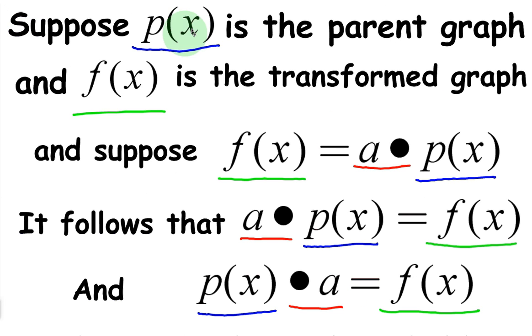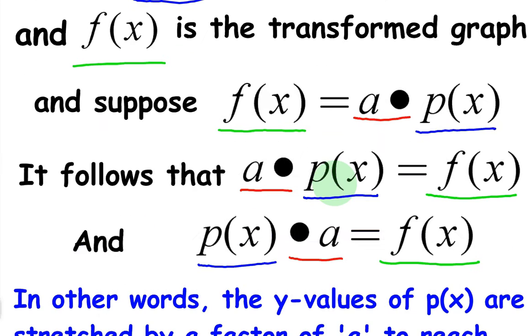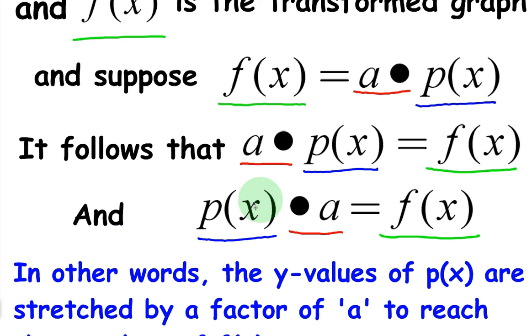Here's the proof for what you're going to do with any parent function whenever there's an a value in front of it. In other words, f of x is equal to some scalar times that function. For example, 1/3 times x squared or whatever. Just flip the equation and then flip these two right here. Commutative property. So p of x times a is equal to f of x.